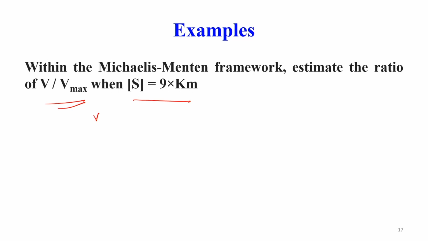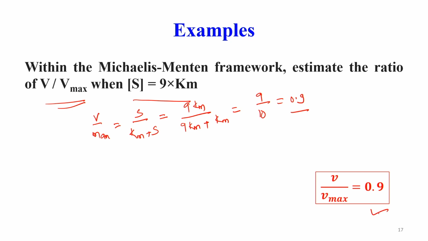So, you can put in the same equation: V upon Vmax equals S divided by Km plus S. S is 9 Km, so this becomes 9 Km plus Km. So, this becomes 9 upon 10, or 0.9. So, in this way there can be the ratio of substrate and Michaelis Menten constant, and there can be individual values of these two parameters.